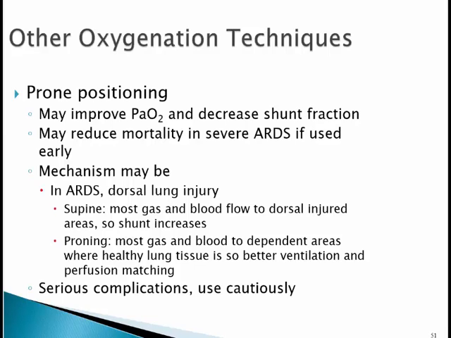Of course, proning can have serious complications, so you have to use it cautiously. And again, from the Essentials textbook, Kacmarek says that this is not a cyclical thing. Once you prone them, you leave them there, and you get better results like that. But in most cases, in practice, what we do is turn them supine and prone every couple of hours or so.